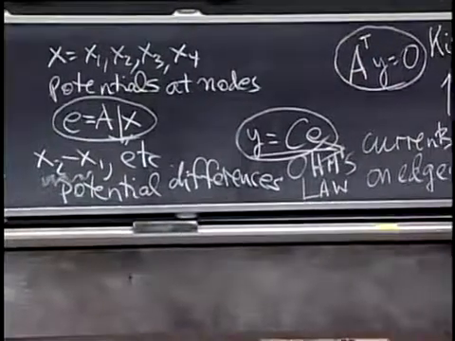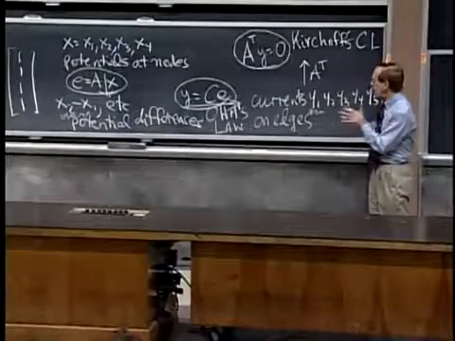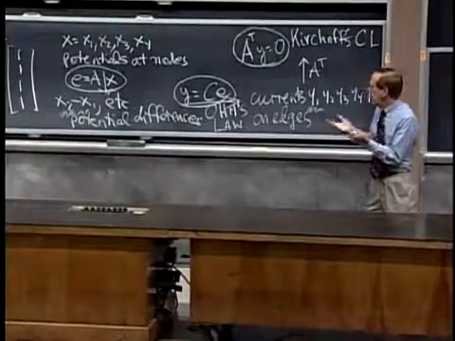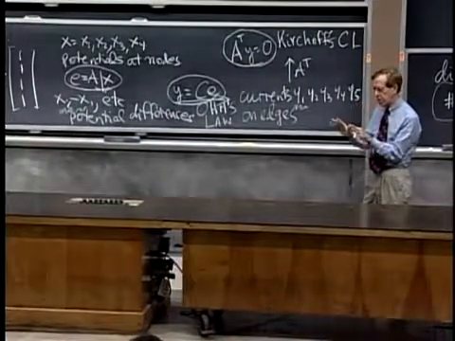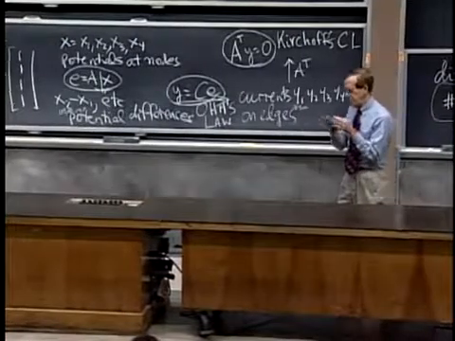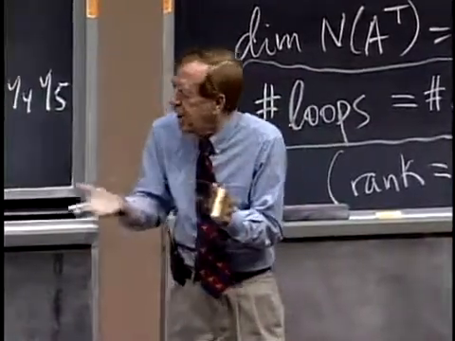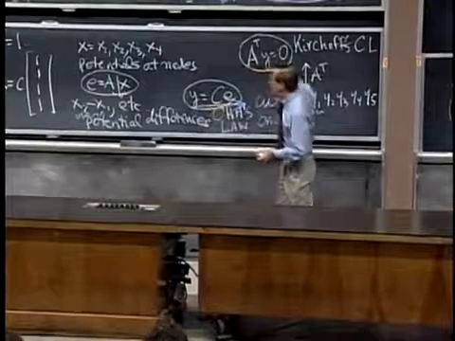The currents satisfy Kirchhoff's current law. Those are the equations with no source terms. Those are the equations of electrical circuits, of many, those are like the most basic 3 equations.